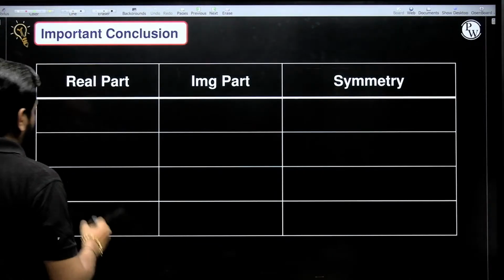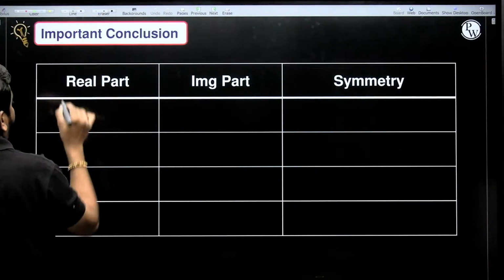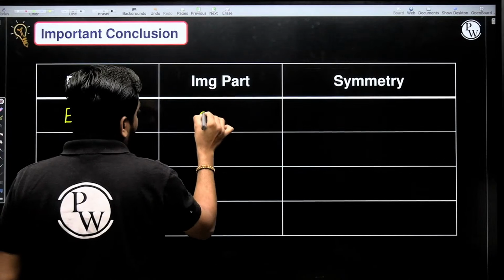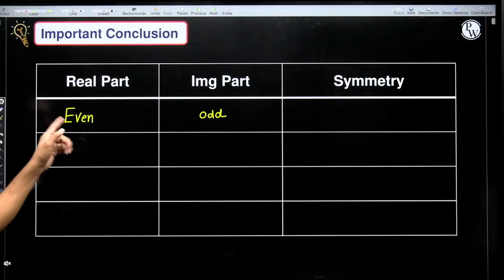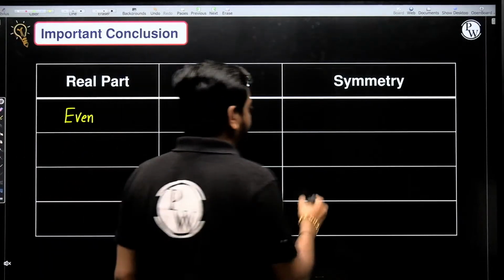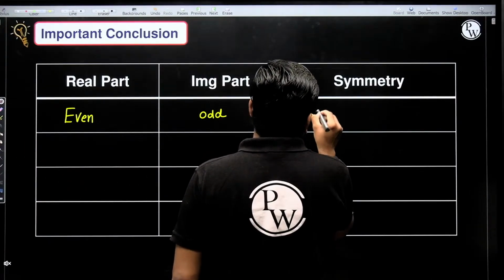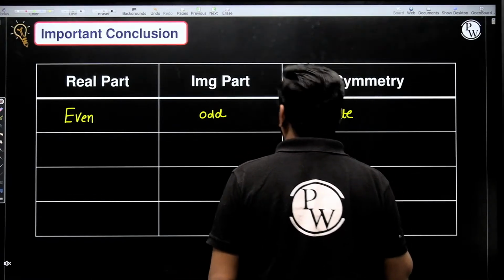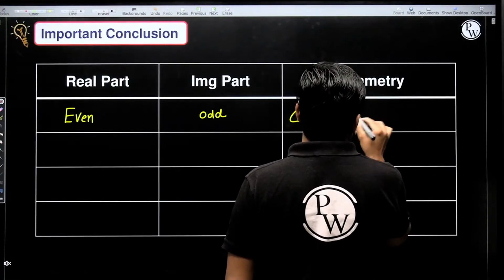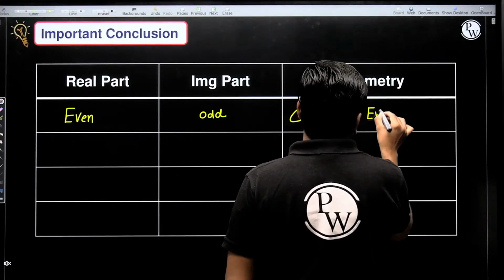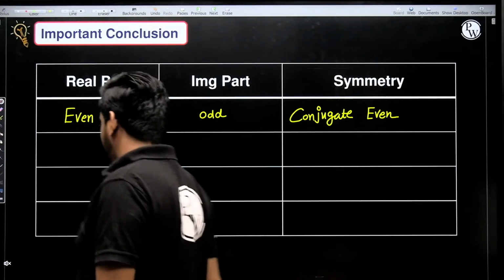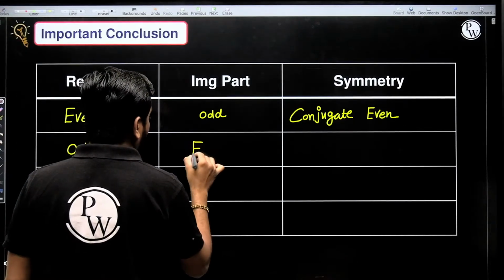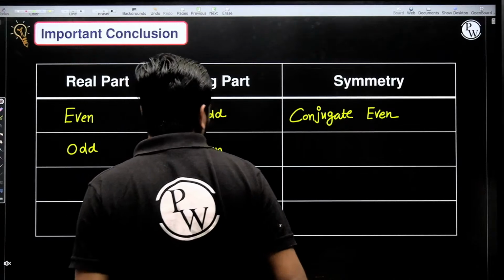So let me write here. First case, the real part is even and the imaginary part is odd, then the symmetry is conjugate symmetric or conjugate even, for a complex valued signal. Now if the real part is odd and the imaginary part is even, then it will be a conjugate odd signal.